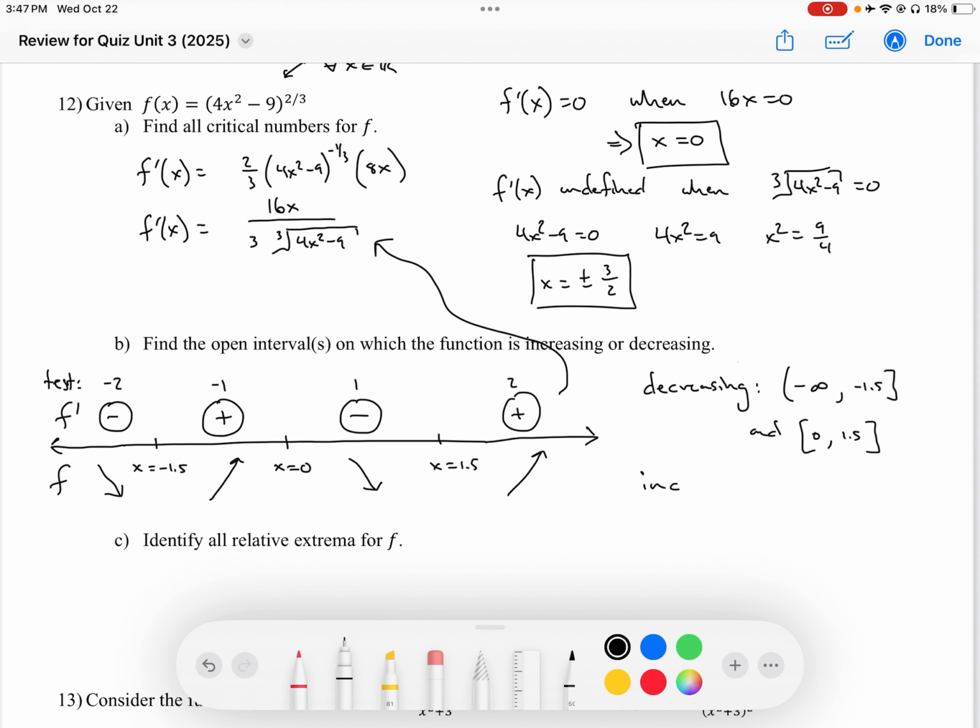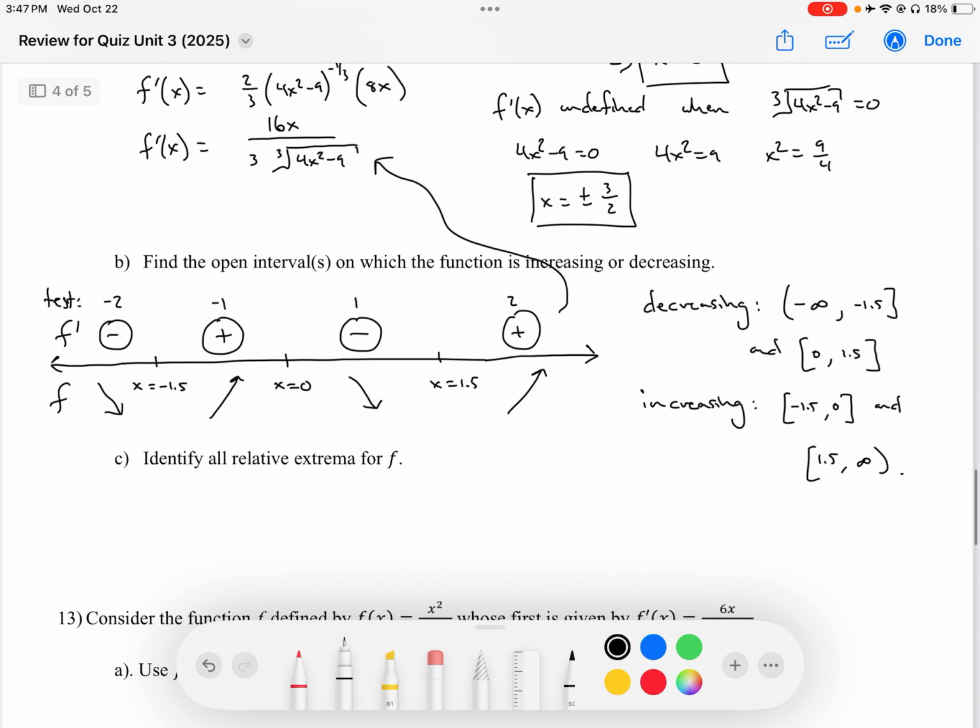And the function f is increasing from negative 1.5 to 0, and also on 1.5 to infinity. If I wanted to justify that, I would say this is because on these intervals, f prime is negative, and on these intervals, f prime is positive.